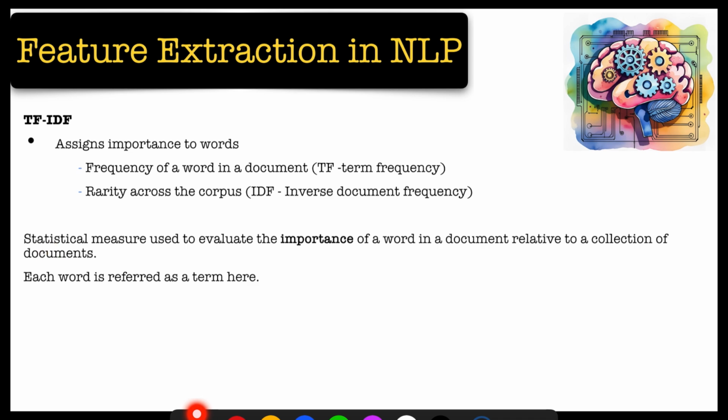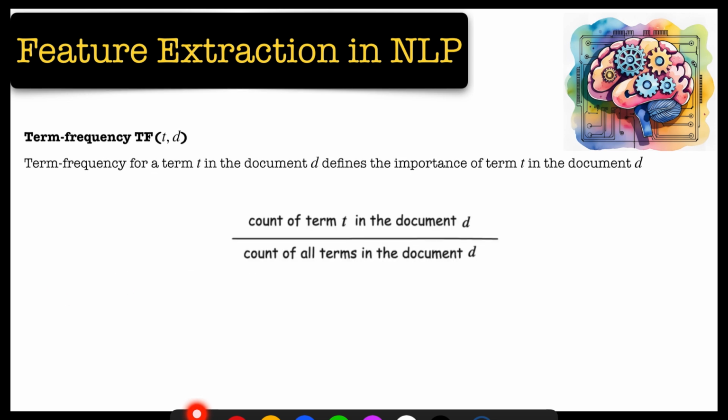So it is basically a statistical measure used to evaluate the importance of a word in a document relative to a collection of documents. The word is referred to as a term here. First, understand what term frequency is.